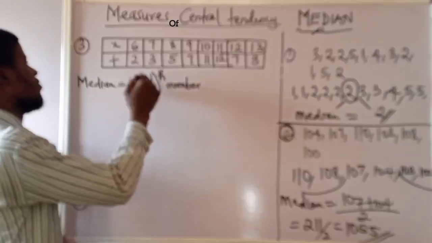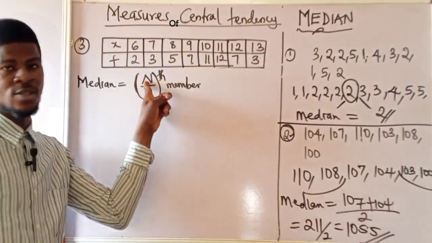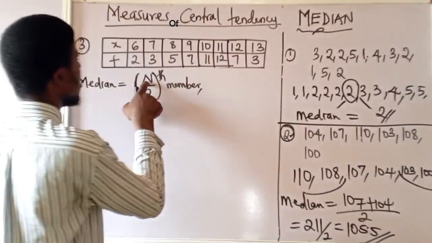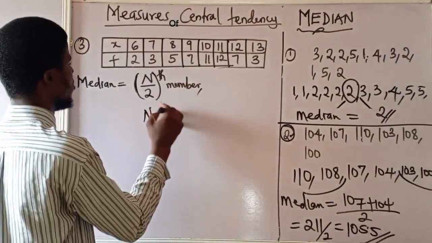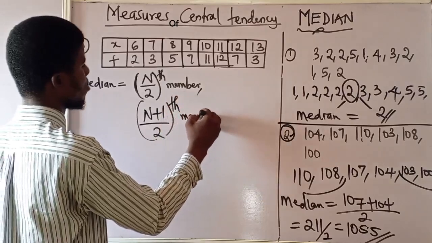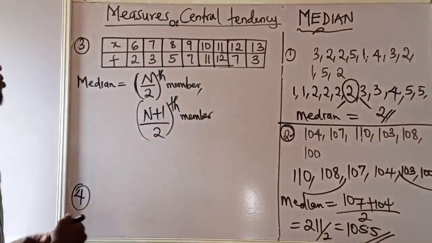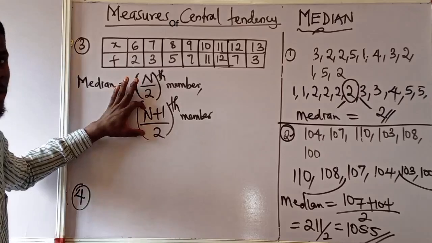If n is even, we use n over 2. What is n? n is the total frequency. In the case where n is an odd number, we will use n plus 1 all over 2.